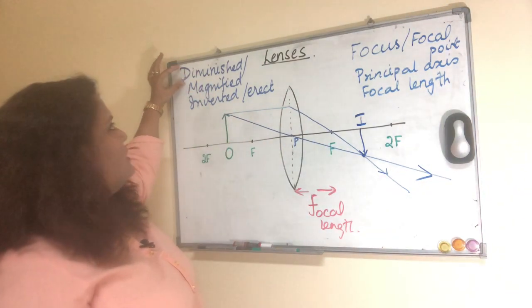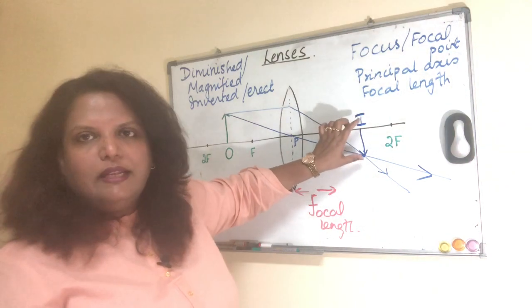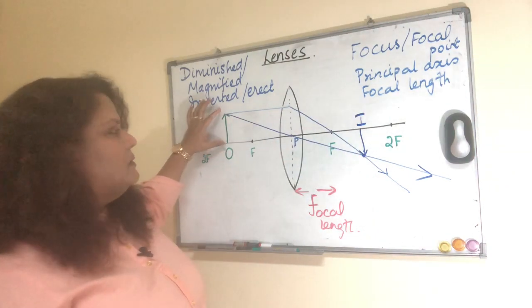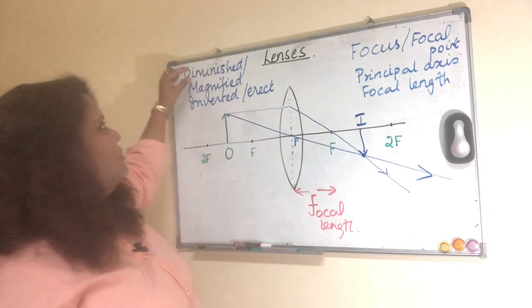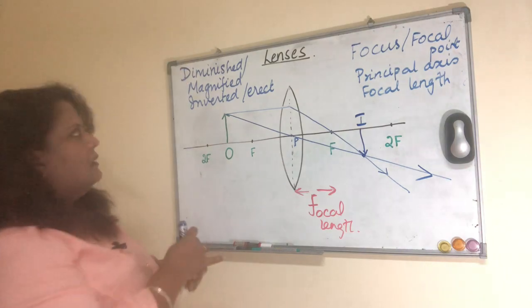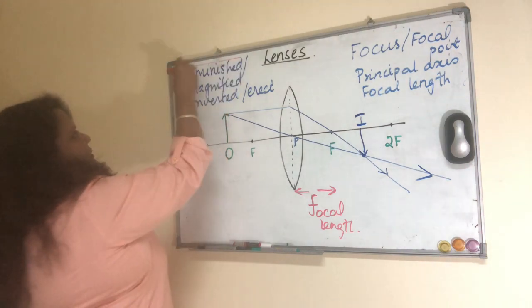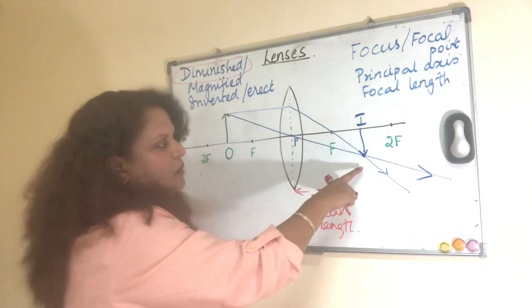Now the first one, is it diminished or magnified? How will I identify? You just compare the size, the length of the object with the image. Now here you can see it is smaller. So in this case, the image is diminished. Got it? So it is diminished, and it is on the other side. So the arrow is down.